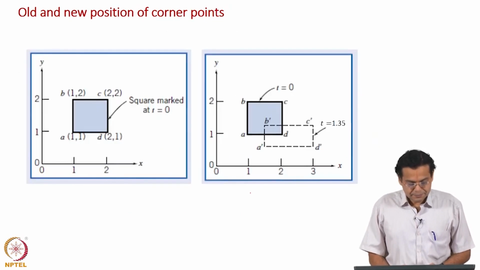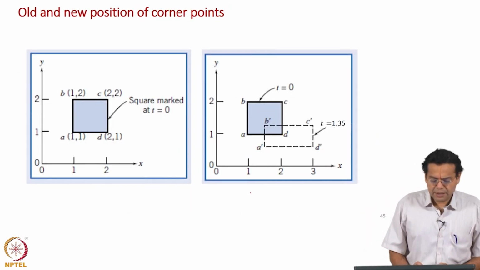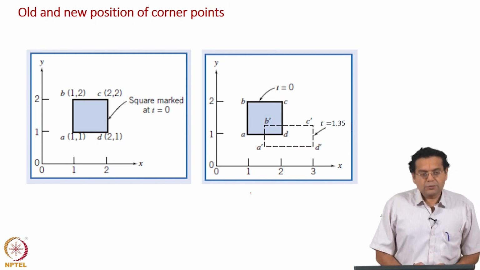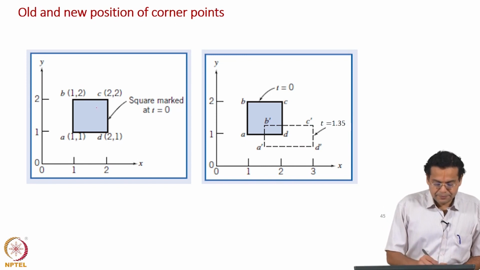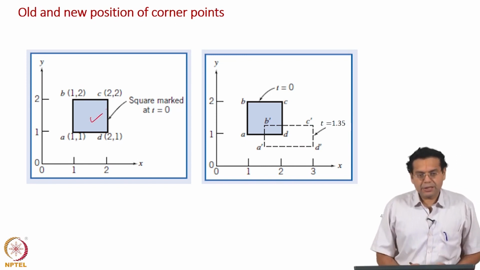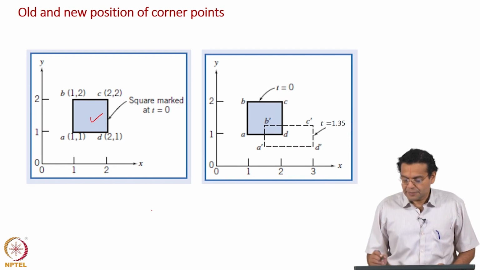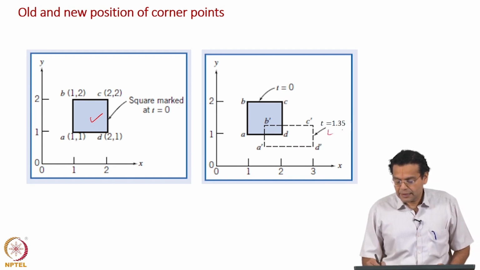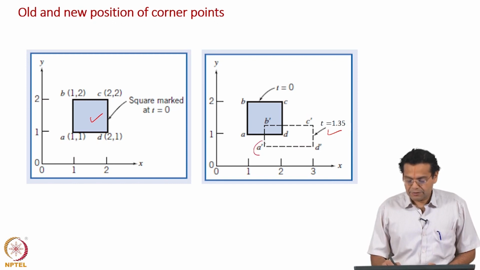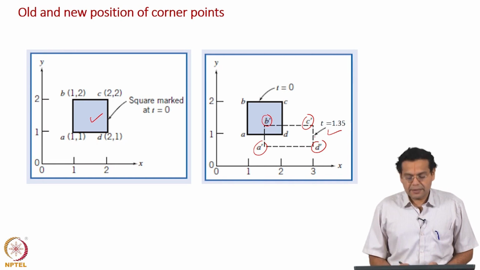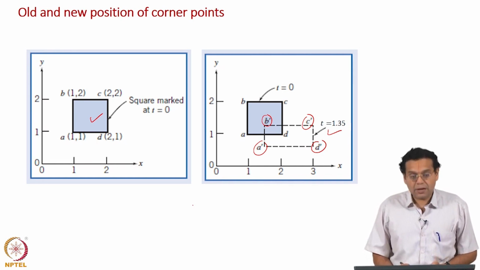Okay, so let us show the old and new positions of the corner points. This is a square region marked at time t equal to 0, and it has become a rectangle at t equal to 1.35 seconds. These are the coordinates of a dash, b dash, c dash and d dash, and it has become a rectangle. So, let us see how we understand this.